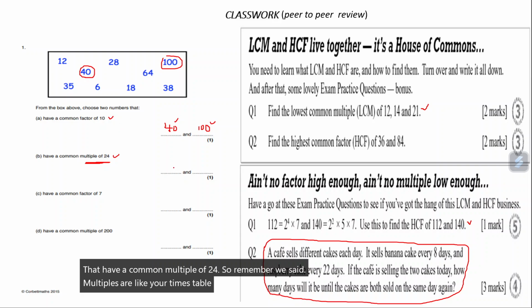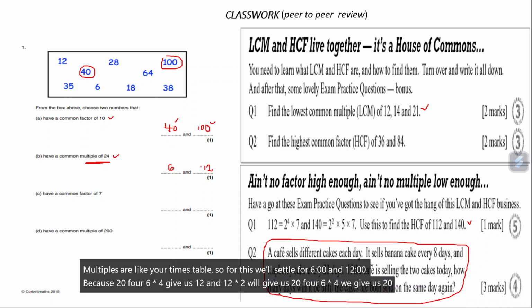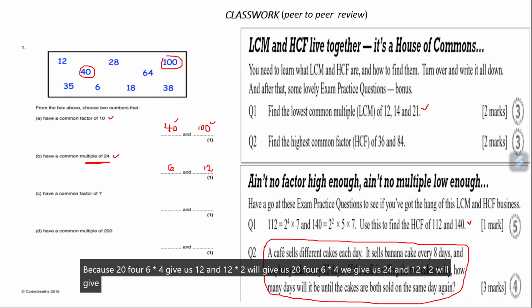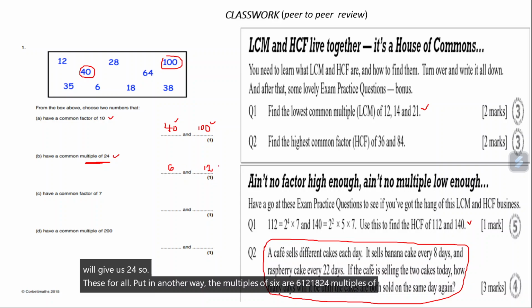So for this, we'll settle for 6 and 12 because 6 times 4 will give us 24 and 12 times 2 will give us 24. Or put in another way, the multiples of 6 are 6, 12, 18, 24. Multiples of 12 are 12, 24. So this is correct.